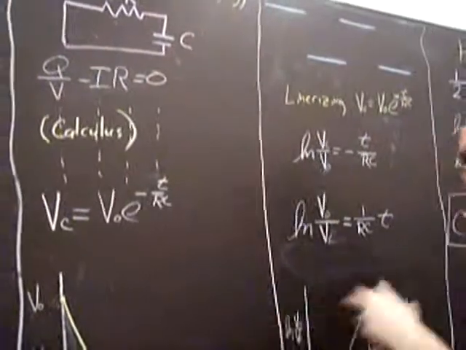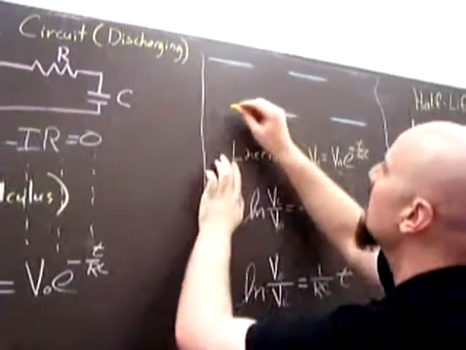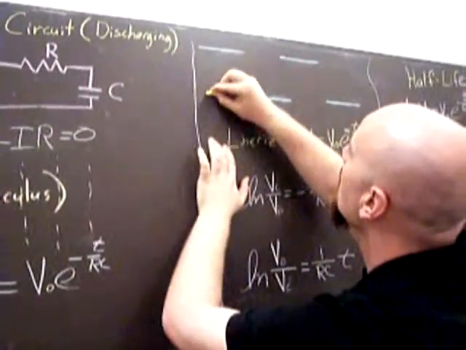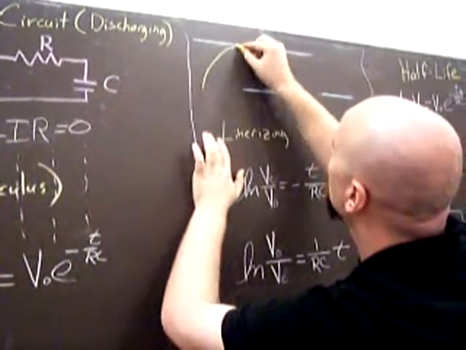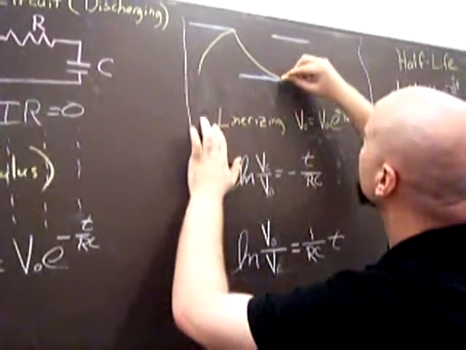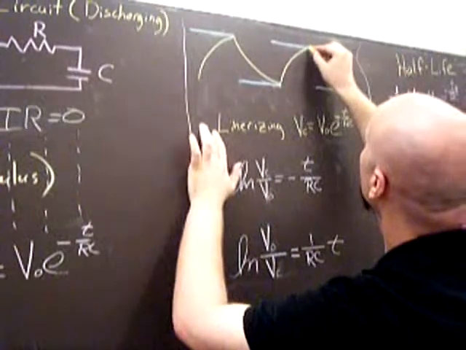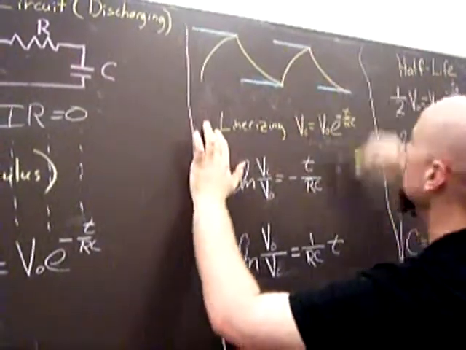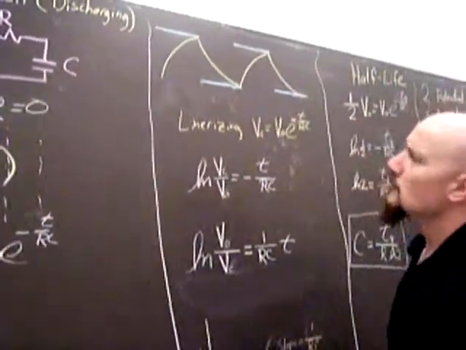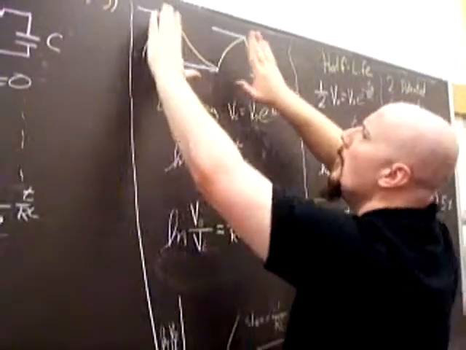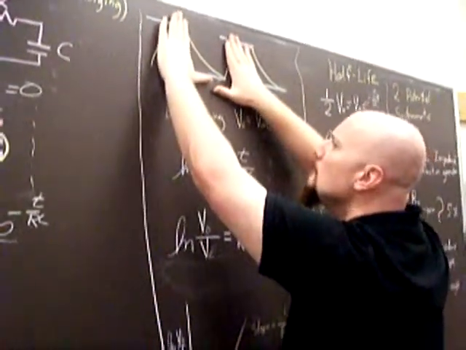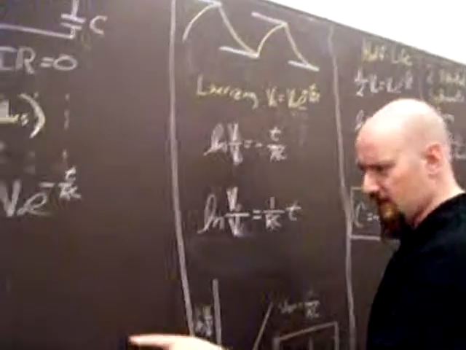If we put these two together, it should look like this. The capacitor will be charging, discharging. All right. We're going to focus in on one piece, zooming in on a discharging piece like this.